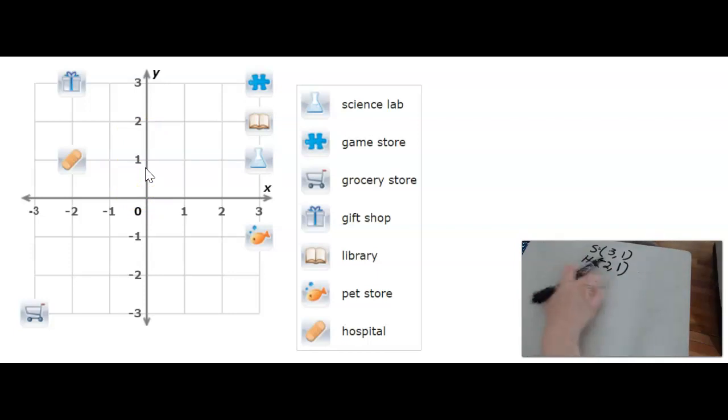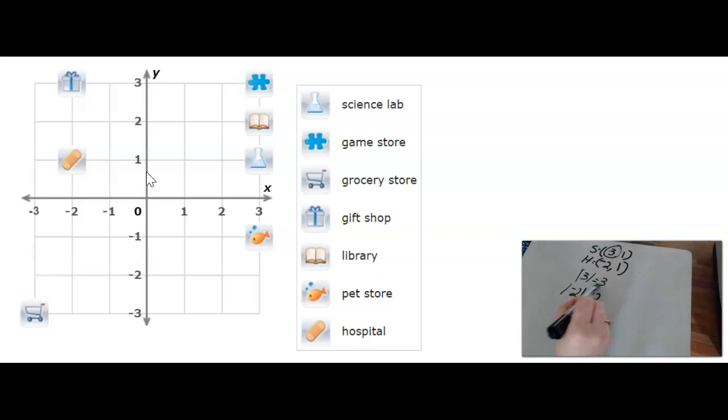Okay, so talking about 3, 3's absolute value is 3, so we know that the science lab is 1, 2, 3 blocks from the y-axis, and now we're going to figure out how far the hospital is from that y-axis. So to do that, we can find the absolute value of -2, sorry, which is 2. So we know that it is 1, 2 blocks from the y-axis.